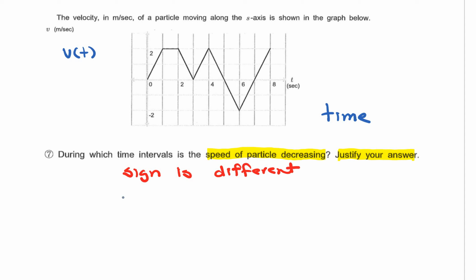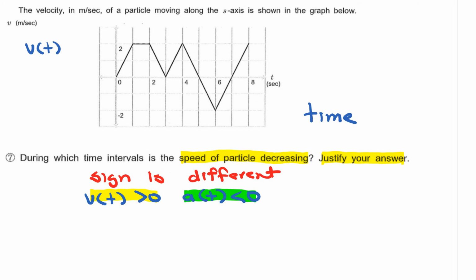So what does it mean that the signs are different? So that means v of t is greater than 0, and that means the acceleration has to be less than 0. Okay, so these signs, one's positive and one's negative, right? So that is what we mean by the signs are different, and that means the speed of the particle is decreasing. Okay, so let's look for situations where we are above the x-axis and have a negative slope.